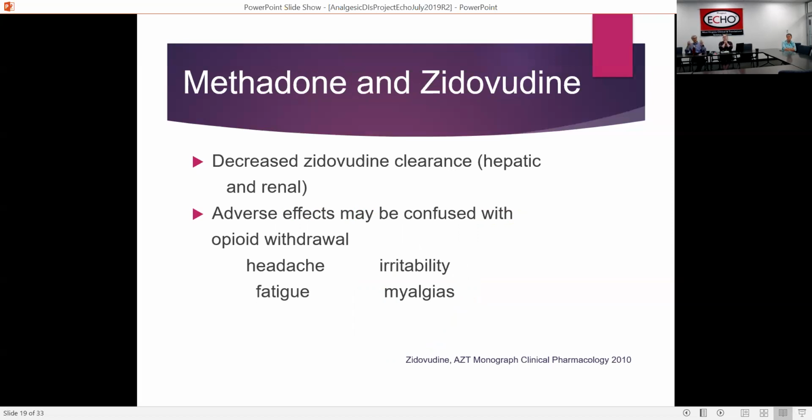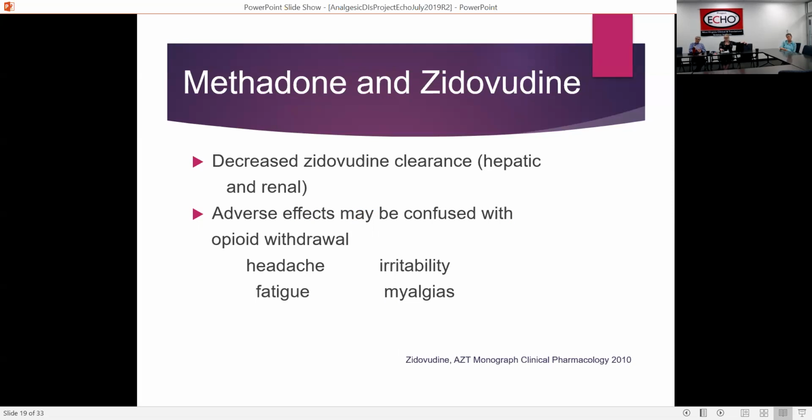So you have to remember, anytime you add a new drug to a person's regimen, as we'll get to in a few minutes, you need to be aware of whether it will interact with that patient's current regimen, because it can be very significant. So in this case, you're inhibiting the hepatic and renal clearance of Zidovudine because of the methadone.